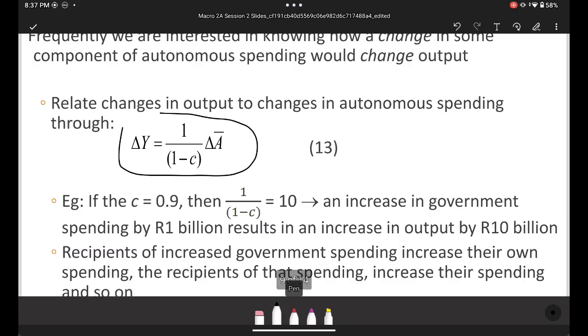Your net change, so your increase. So your government increases spending by 1 million rand. That's your net increase, which is your A. Remember, government spending, all that in the aggregate demand curve is your A hat. So in this case, let's see.